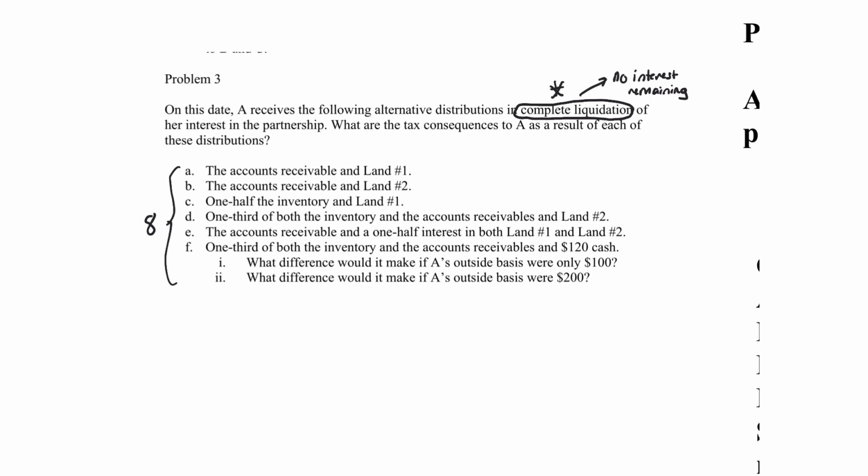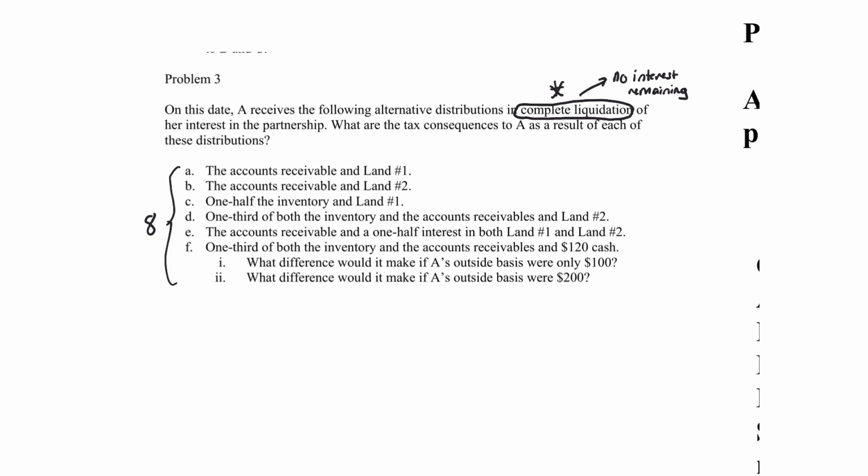Now, before we look at our fact pattern, and again, I give an overview of the rules that apply to simple distributions, just take note of what A is receiving in these 8 situations. I'm going to talk about them as situation A, B, C, D, E, F, F1, and F2.